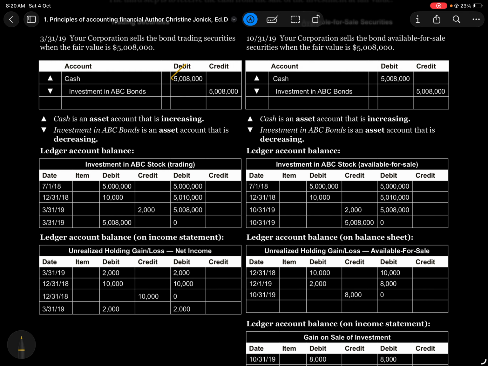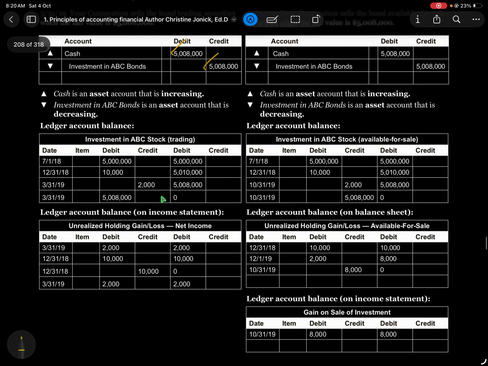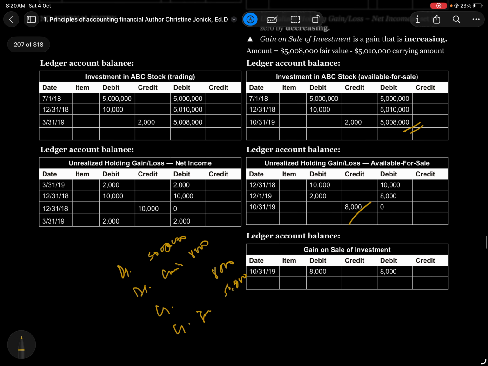When you sell it, you simply record debit cash, credit your investments, and that's pretty much it in this scenario. But of course, you will need to account for the losses as well. Right, so the 2000 loss was already recorded earlier on over here somewhere.